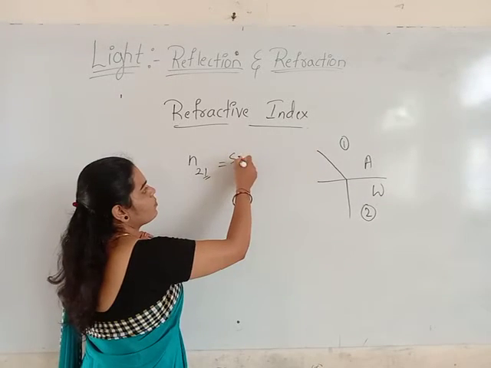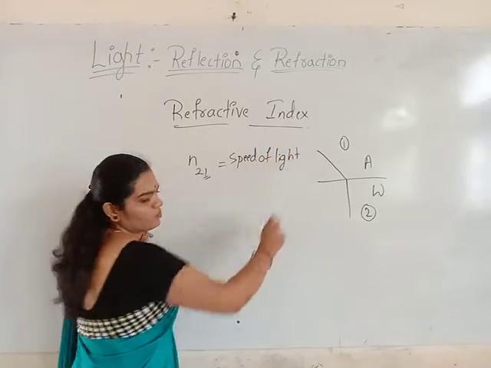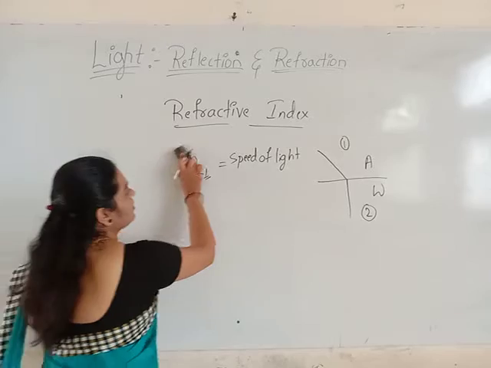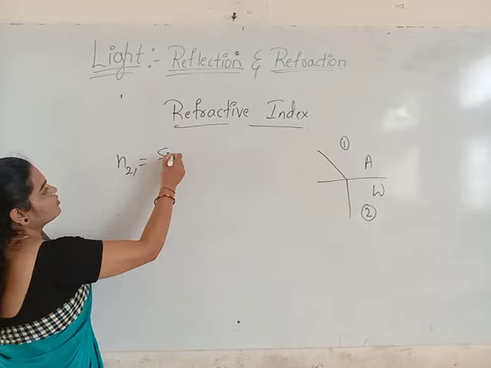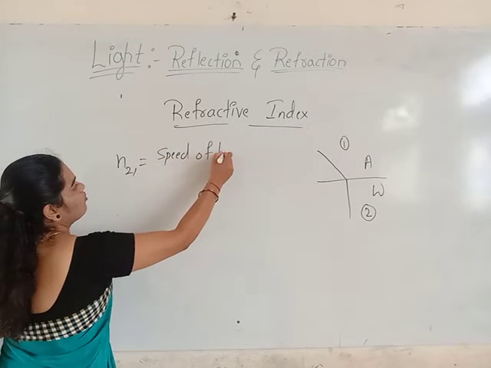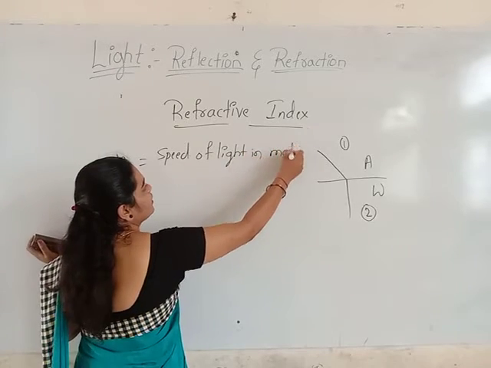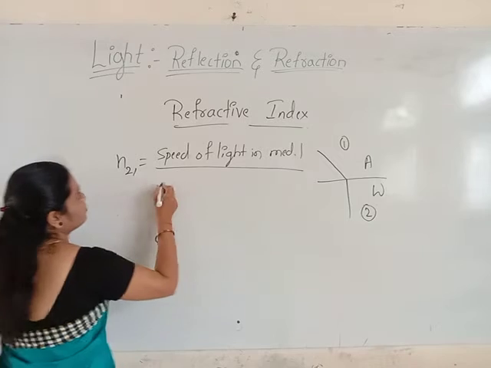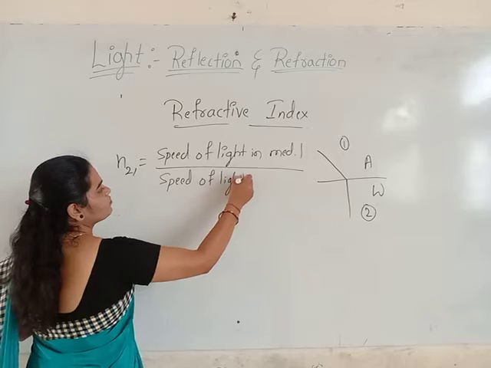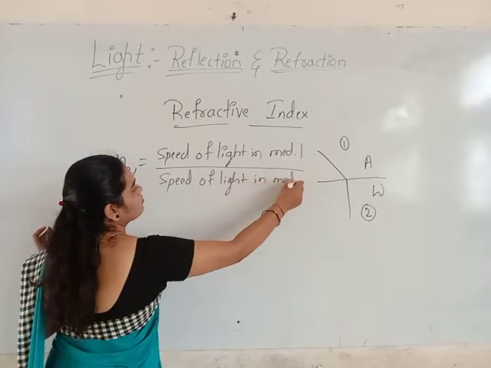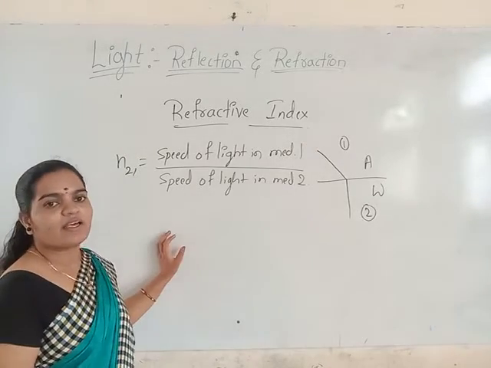So here n21 is equal to speed of light in medium 1 to the speed of light in medium 2. Okay, this is how the formula is there for the refractive index.